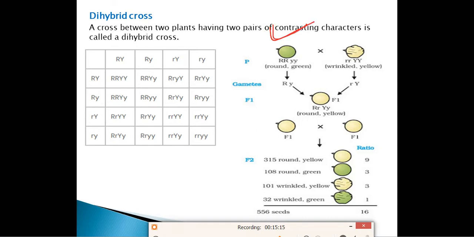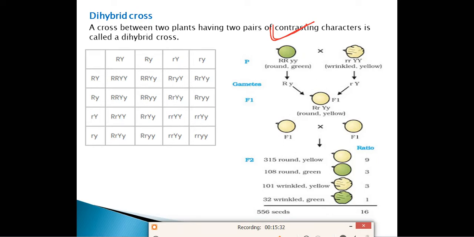Round is the dominant trait and wrinkled is the recessive trait. Yellow color is the dominant one and green color is the recessive one, right?